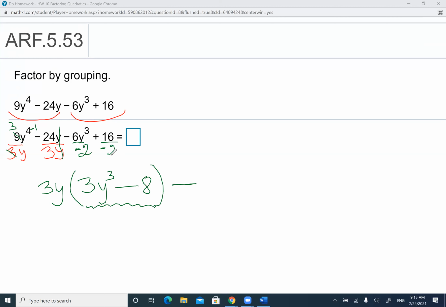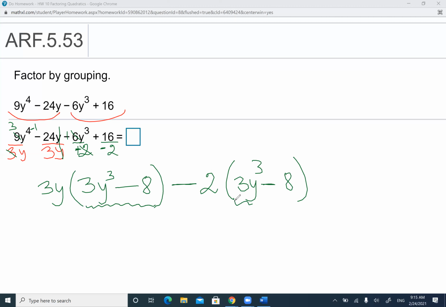Just 2, right? Yes, that 2. So I'm going to factor just 2 in front. And then what is left? Negative divided by negative, it's positive here. 6 divided by 2 is 3. Y cubed stays. And then positive and negative, it's negative. 16 divided by 2 is 8.